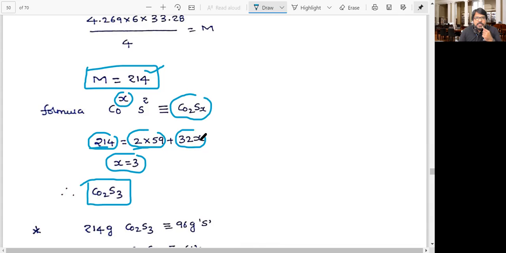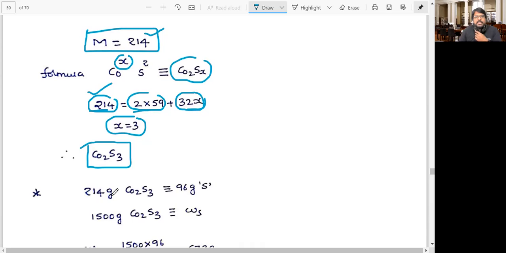If you take 96 grams of sulfur, you can get 214 grams of the solid. Got it? Because in every 214 grams of salt, 96 grams of sulfur is present.